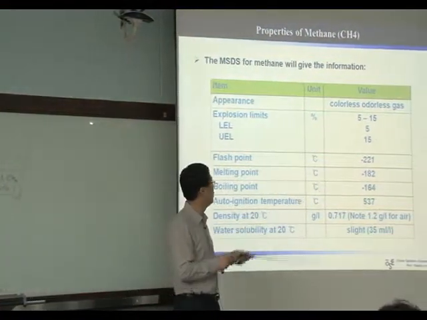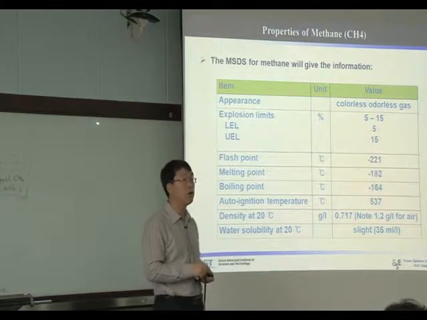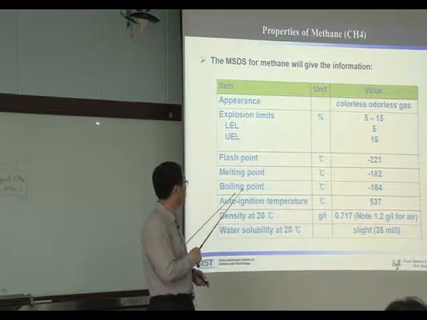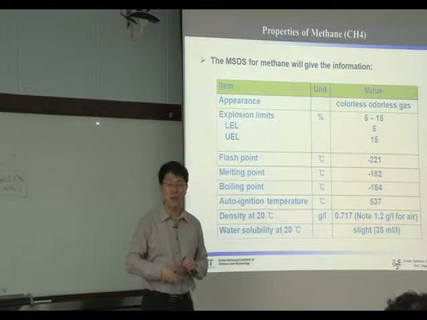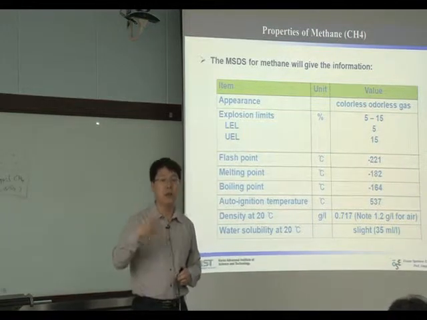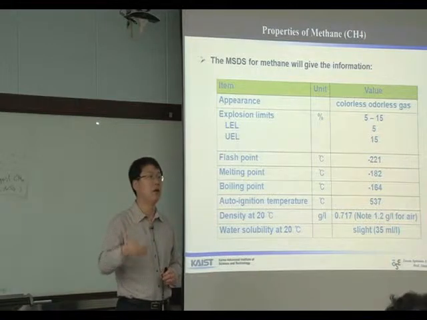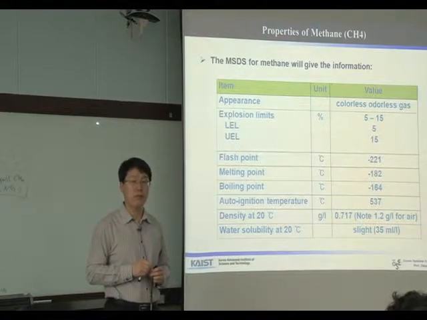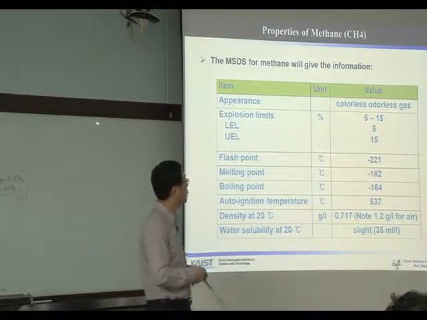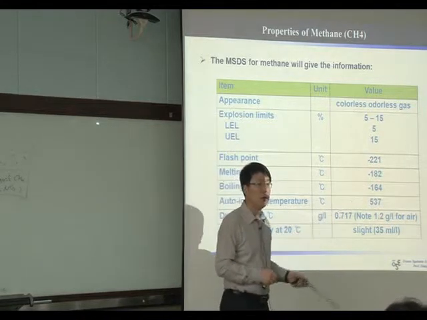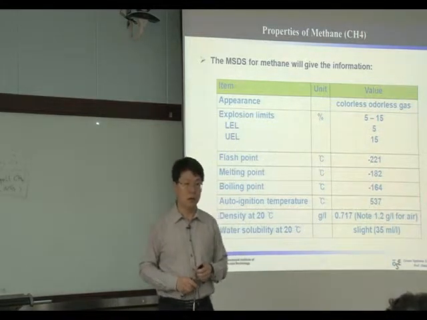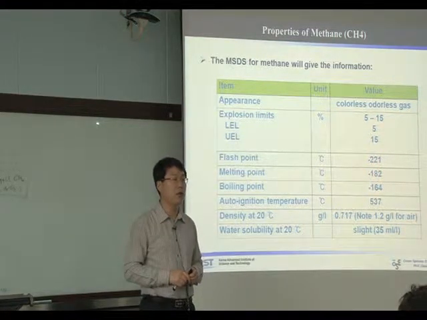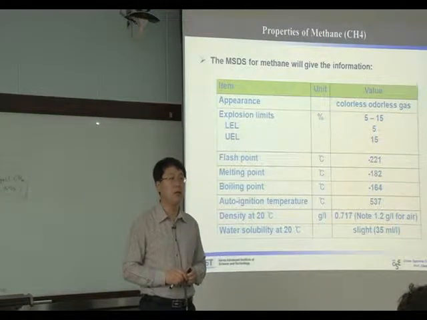An interesting point is the melting point. Melting point is around minus 182. You know boiling point. Boiling point is the temperature at which methane can boil, like water at 100 Celsius at atmospheric pressure. The melting point is just 20 degrees lower than the boiling temperature in the case of methane.